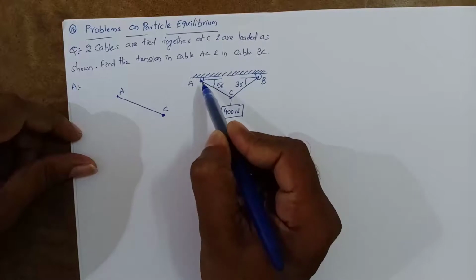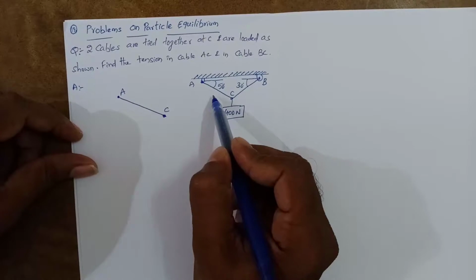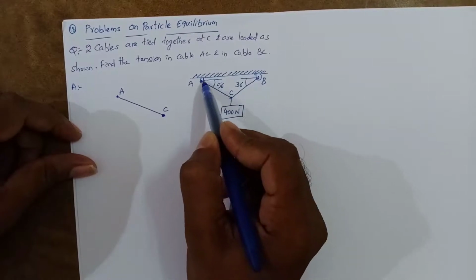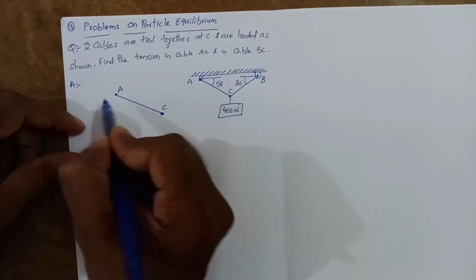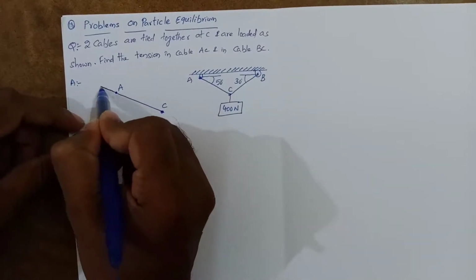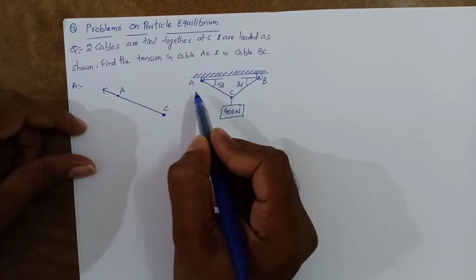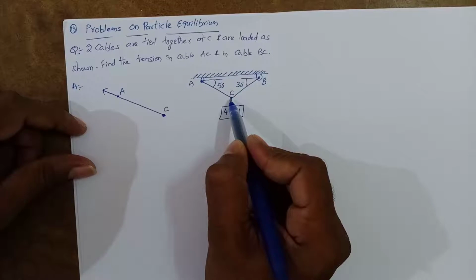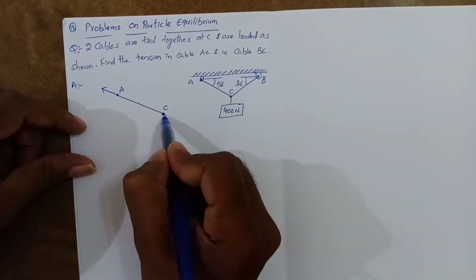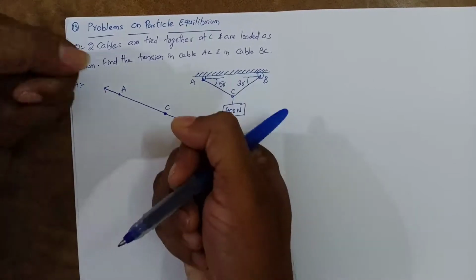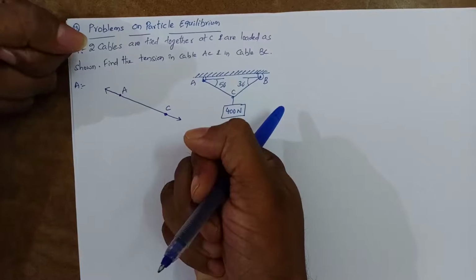That implies here at point A, cable AC is in contact with this hinge at A. So this hinge at A will pull this cable AC in this direction. Similarly, this cable AC is in contact with this point C here, and this point C will pull this cable AC in this direction. Thereby, this cable will be in tension. That is, it is tight.